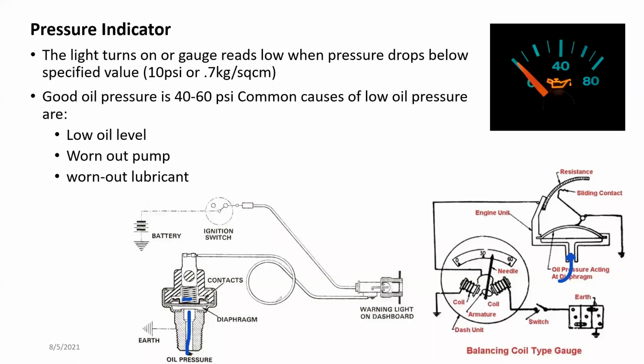If the system is working properly, this light should be switched off. Once the lubrication system is fully pressurized, this diaphragm will move back, contacting the earth of the body of the oil pressure switch, which is connected to the engine itself.